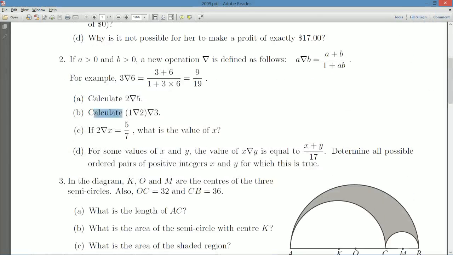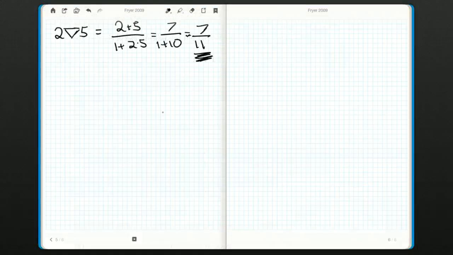So B part. Calculate 1 triangle 2, and then triangle that with 3. Okay, so we're getting a bit more adventurous with our new operation. We're now going to introduce brackets with it. So we want 1 triangle 2, and then triangle that with 3.